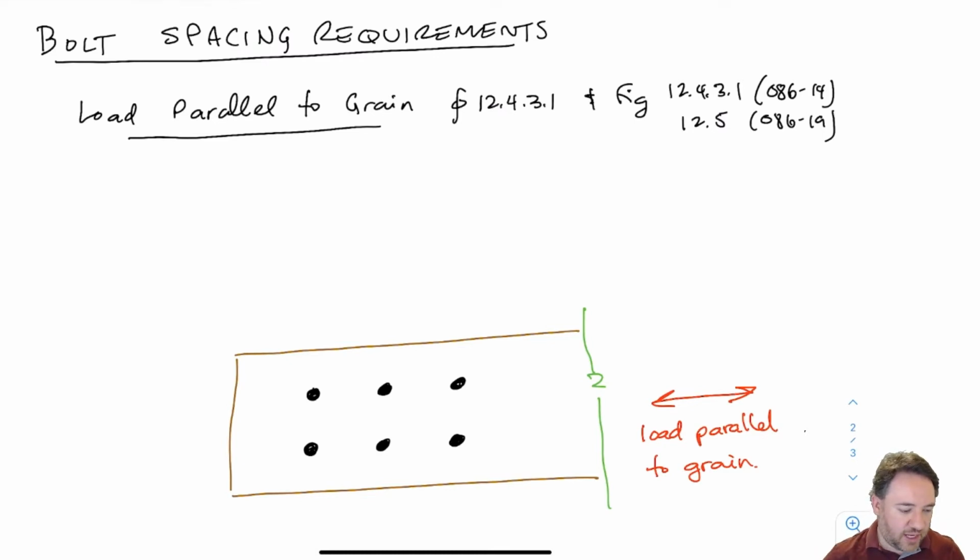I have tried to combine these together into one summary figure, but refer basically to the figure in the standard, which I've referenced up there. Now, one thing is that between the 086-14 standard and the 086-19 standard, the parameters for these have changed. So I'm also going to include both there.